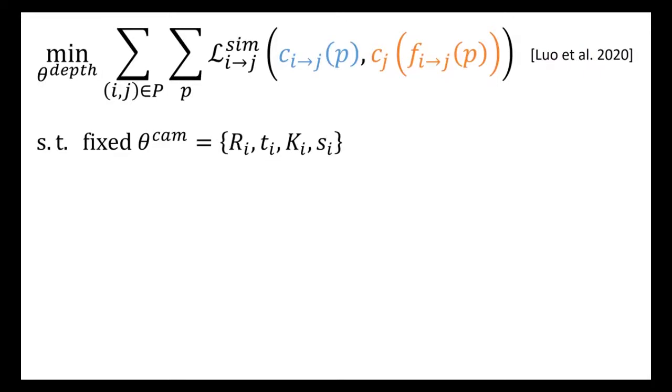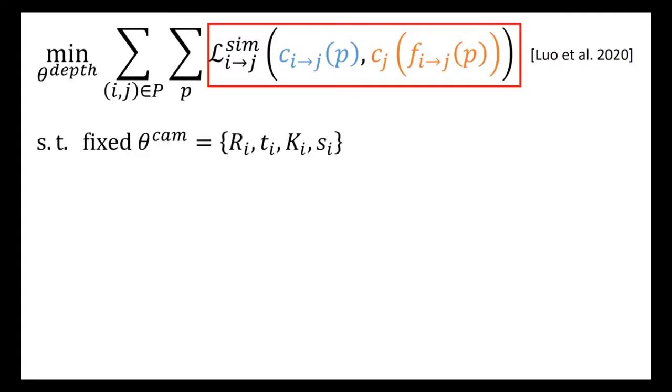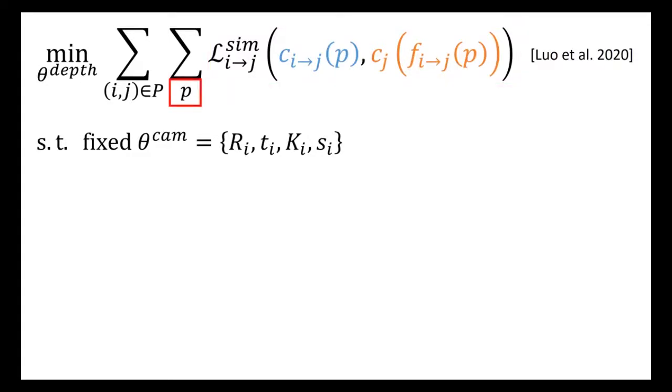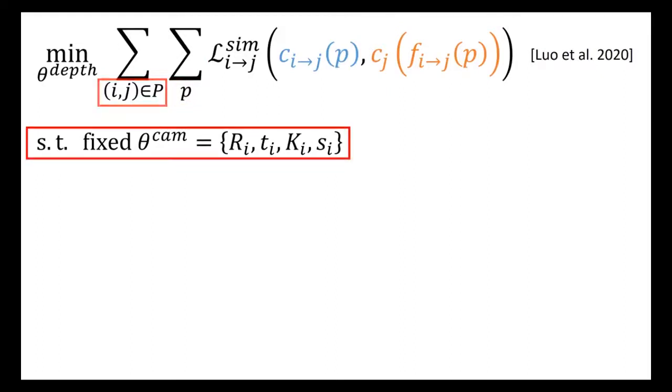So let's revisit the formulation of the previous work. The objective here is to optimize these reprojection errors for every pixel p, and for every frame pair, subject to some known camera parameters. So if you know the camera parameters, the rotation, translation, intrinsics and scale, you fix these, right?